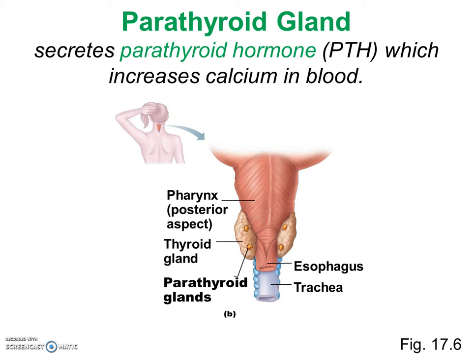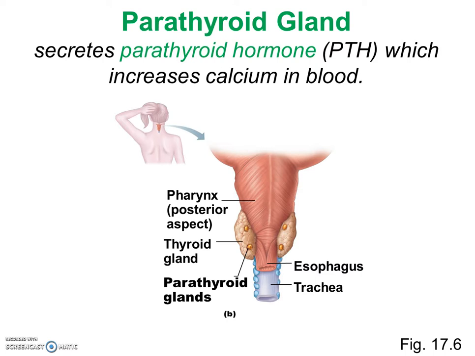So let's think about the problems if you have issues with your thyroid gland and parathyroid gland. So my mother actually has hyperparathyroidism. So hyper means too much. So in her case, the problem is that her parathyroid gland is releasing too much PTH, which means she has a lot of excess calcium in her blood.